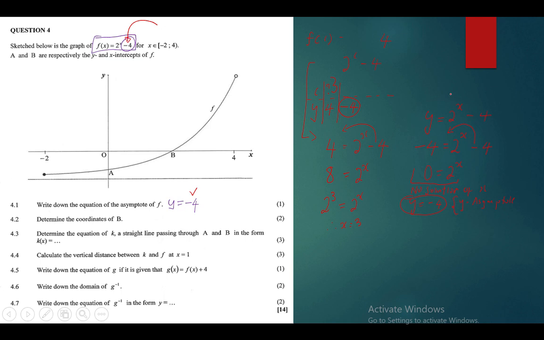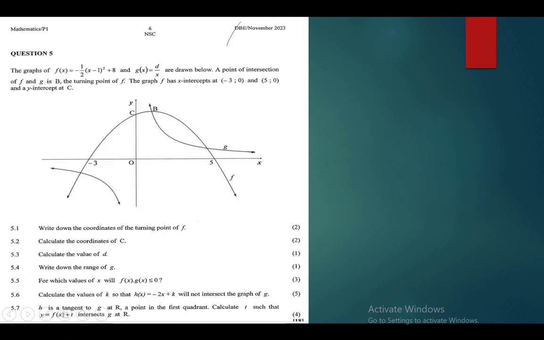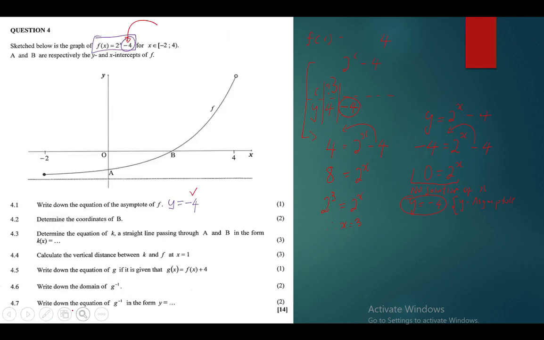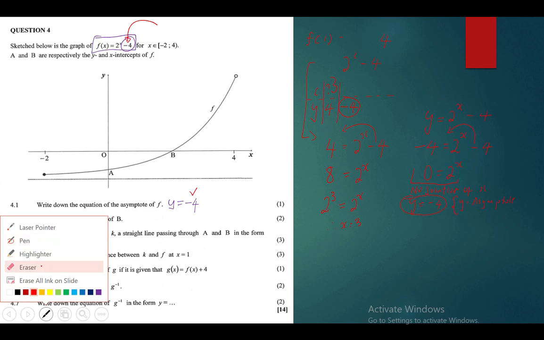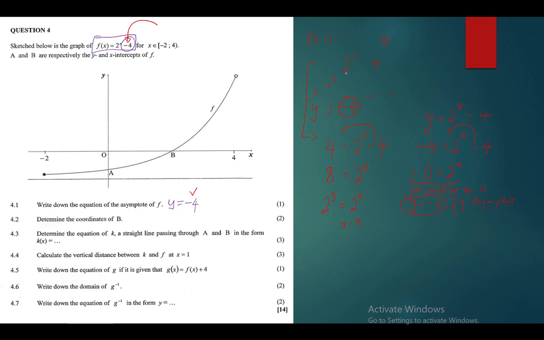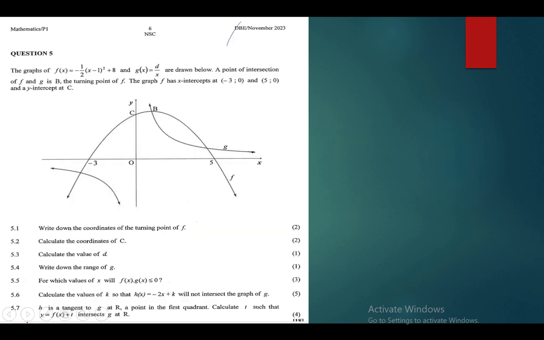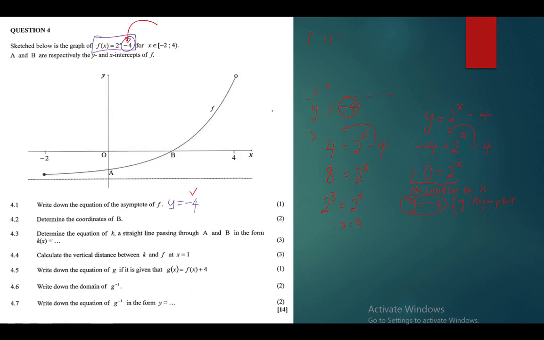Those who are writing June, this Friday, you'll be taking your maths. So I want us to go through these functions. My focus is not only on you being able to answer this question paper only. I want to prepare you for maths paper 1. I want us to be able to deal with functions.